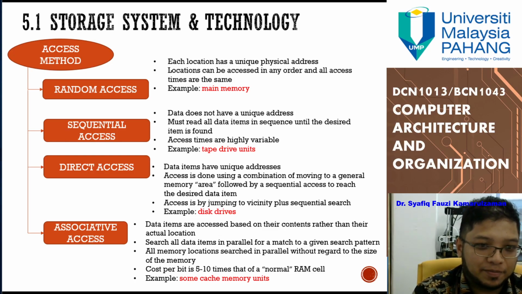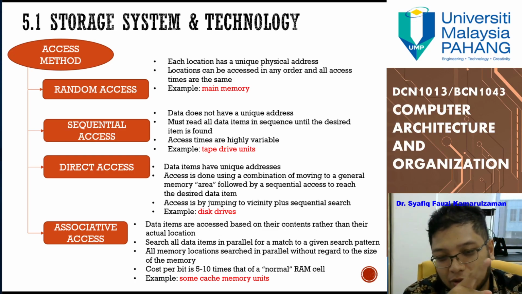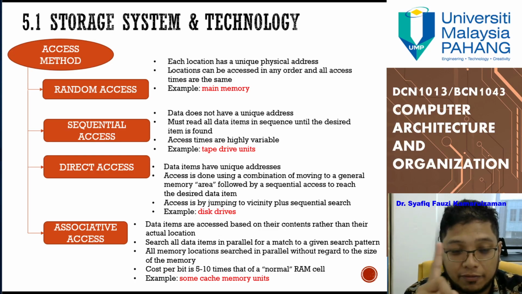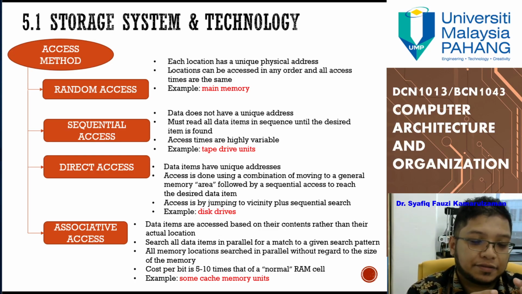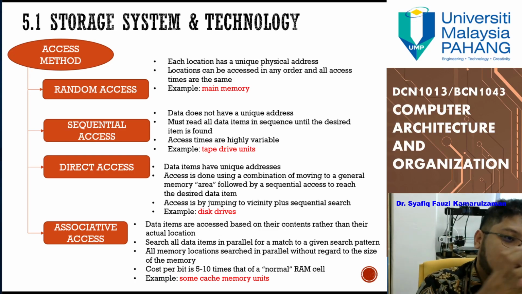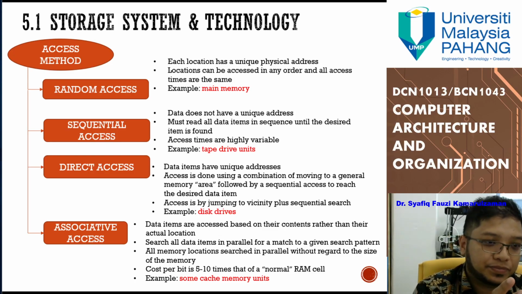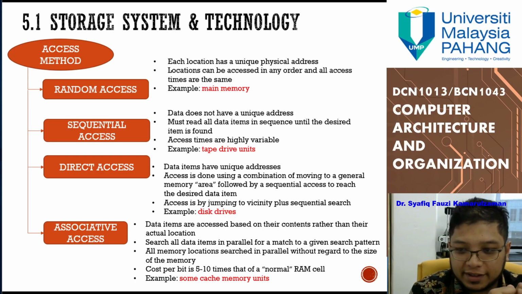So they look for the cupboard and then scan the cupboard from top to bottom, checking which book is the one that I need, until they find the book. This cupboard represents sectors inside your hard drive. Based on these sectors, the block of memory will be transferred into your RAM. So basically like that. And then the last one is what we call associative access.